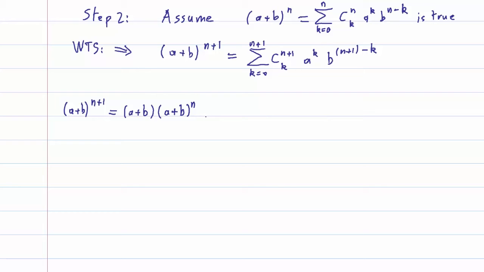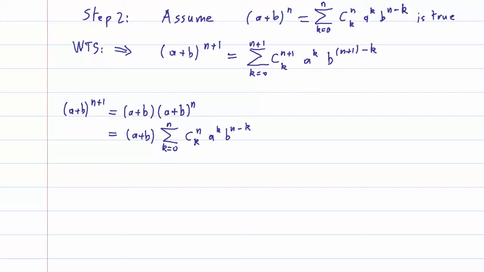So this is equal to (a + b), and we replace (a + b)^n by this formula here, the sum for k equals 0 to n of C(n, k) a^k b^(n-k).